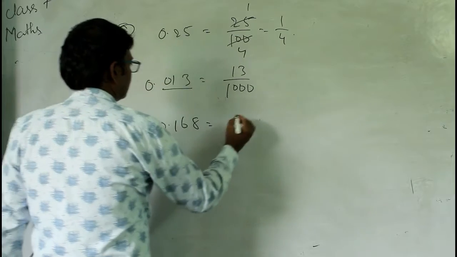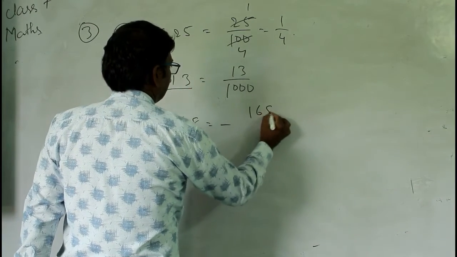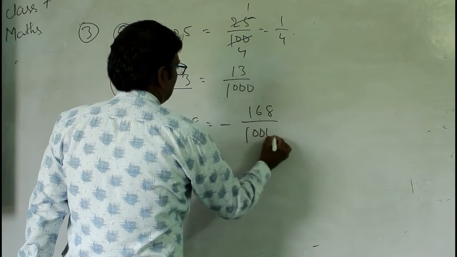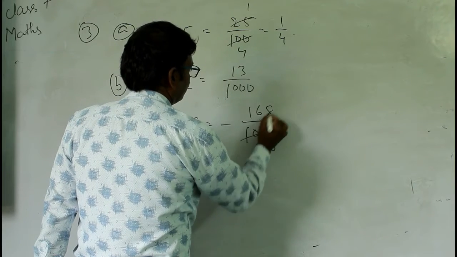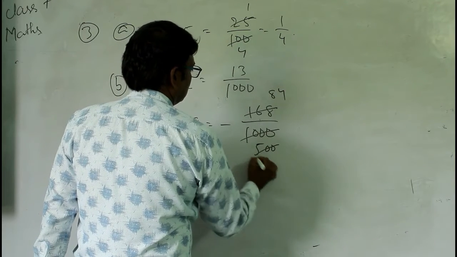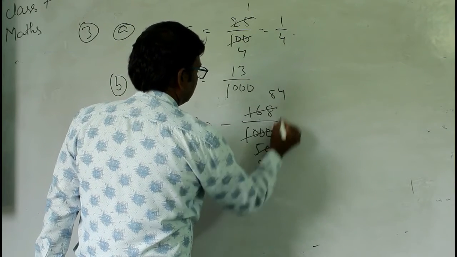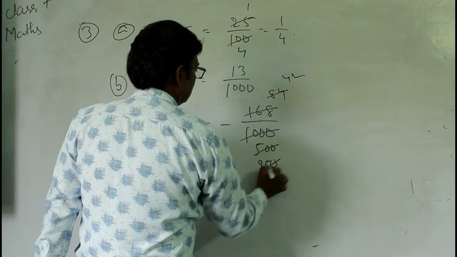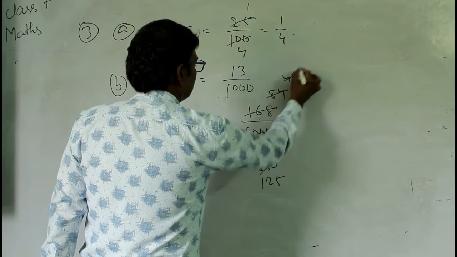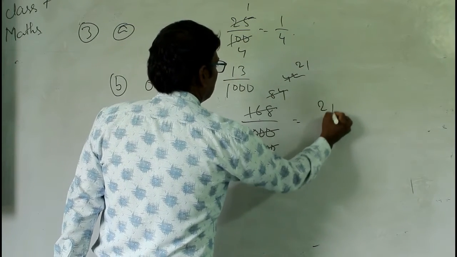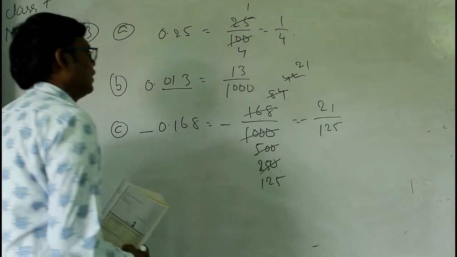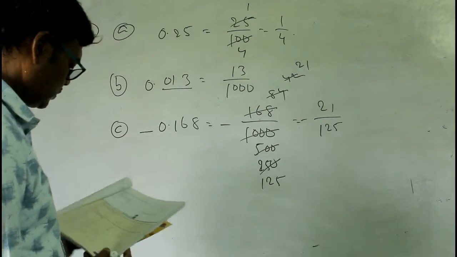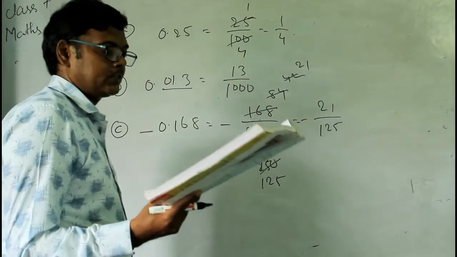So it will be minus 168 by 1000 and here you can cancel some common factors like 2, 4, 8, and it will be 21 by 125 with the negative sign. So minus 21 by 125 is the answer. Similarly, you can solve other questions.